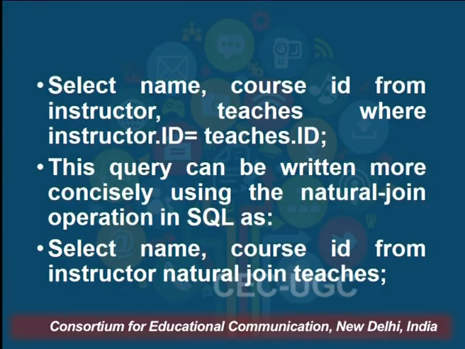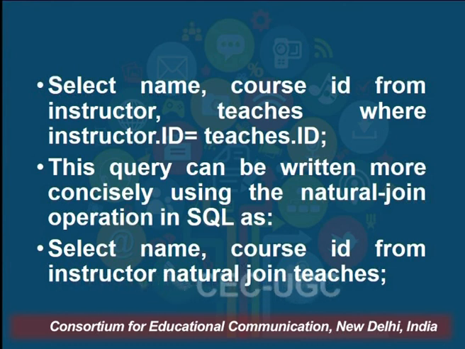Either we write select name, course ID from instructor, teaches where instructor.ID equals teaches.ID, or this query can be written more concisely using the natural join operation in SQL, such as select name, course ID from instructor natural join teaches.